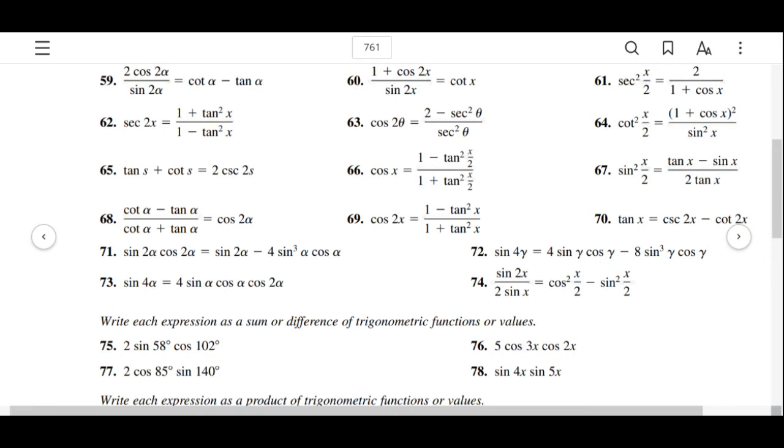All right, we got it yet? Hey, Professor, I think the number that I picked involves the sum to product identities. Which one did you pick? 75. Oh yeah, that's not proving identities. Yeah, oops, sorry. 74.